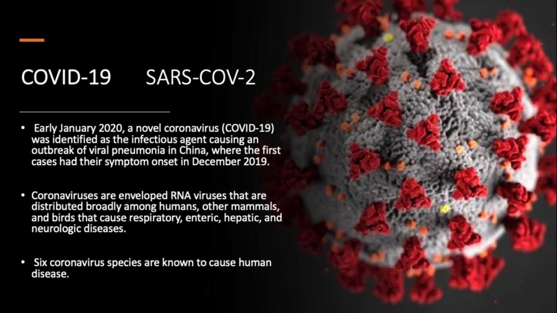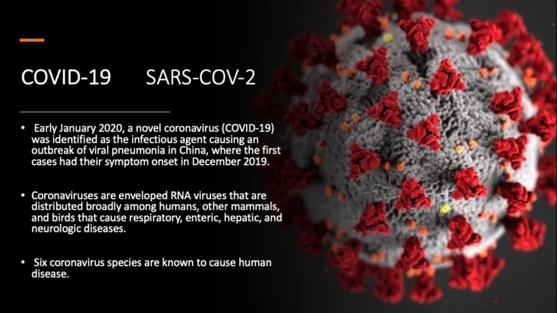Coronaviruses are enveloped RNA viruses that are zoonotic, so they can be passed from animals to humans and other mammals. They're really unique and interesting viruses in that they can infect a wide range of animals and mammals, and once one has jumped to humans, as we've all seen, it can become very devastating.